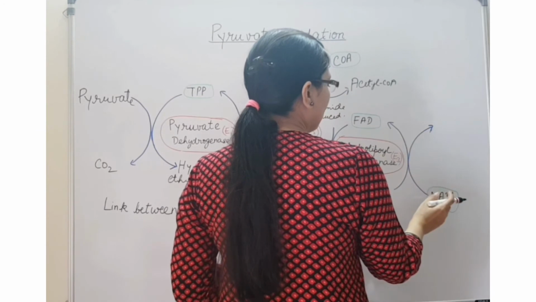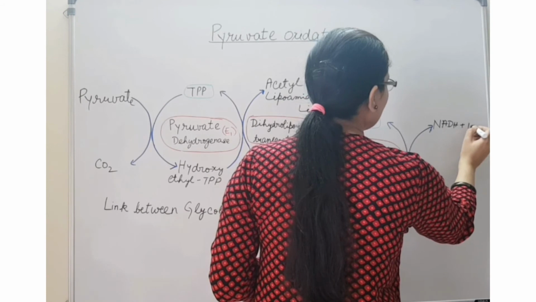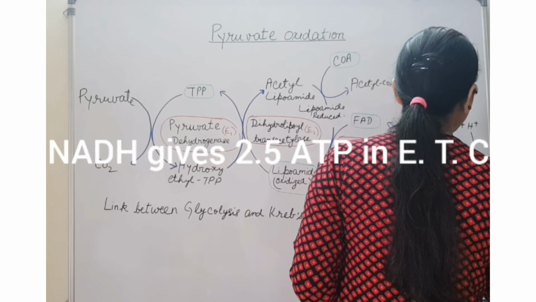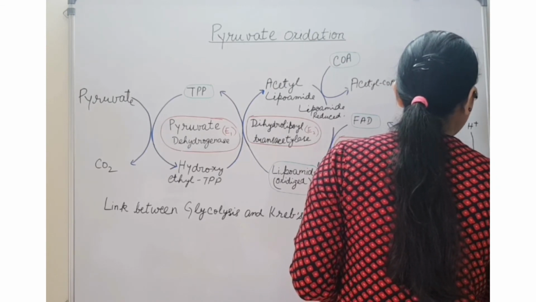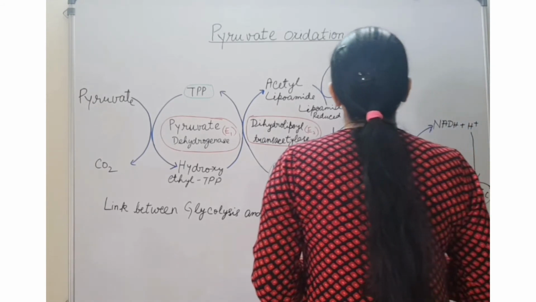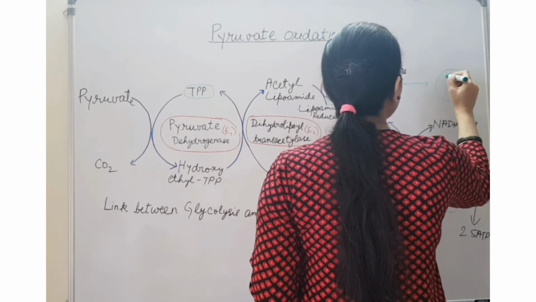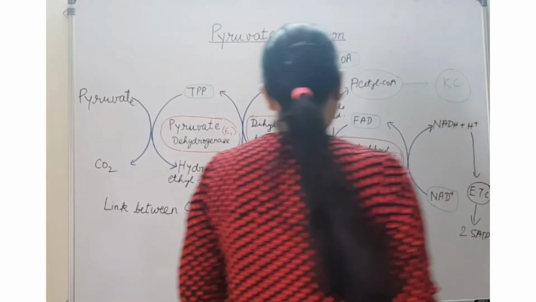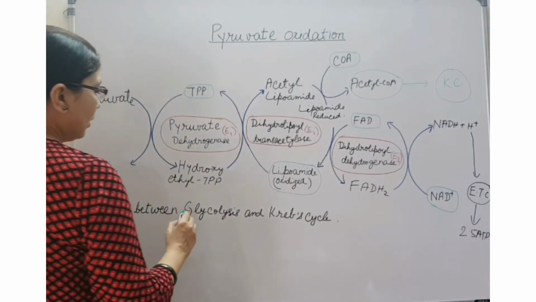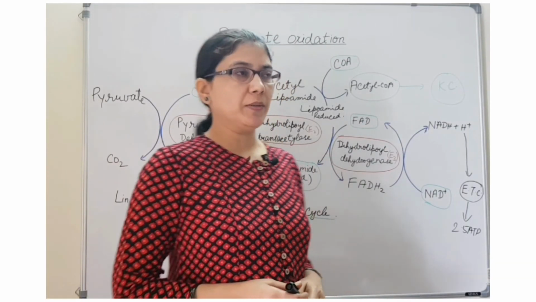FADH2 then transfers its reducing equivalent to NAD+ and it forms NADH plus H+. This then by electron transport chain through oxidative phosphorylation gives 2.5 ATP. Now this acetyl coenzyme A enters into Krebs cycle. So this reaction is known as the link between glycolysis and Krebs cycle. Now what are the functions of these individual enzymes?